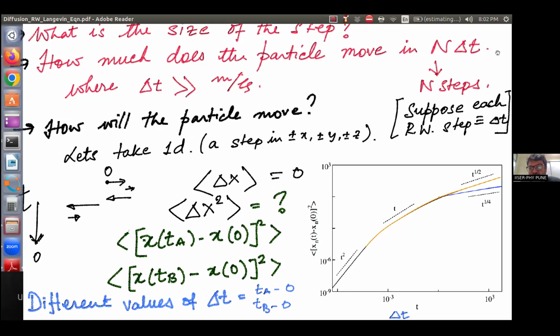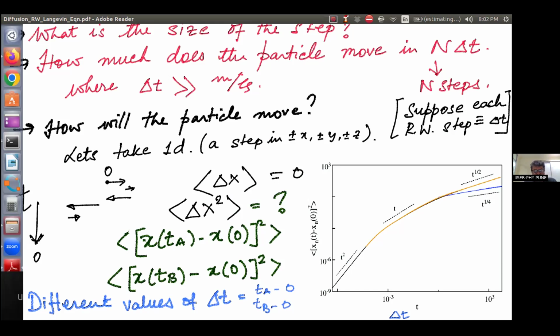And at different times, suppose each step took time delta t, and it took n steps. How much does the particle move? That's exactly what we started out with in the random walk discussion. We are coming back to that.